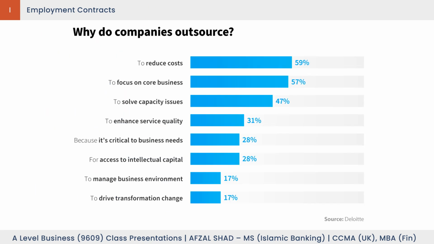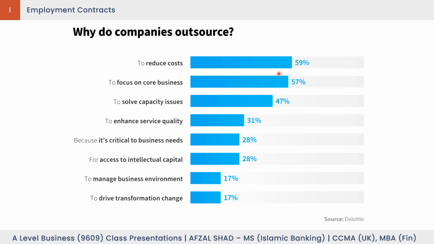Next is, why do companies outsource? We're going to get into outsourcing in detail. This was basically research done with managers, and most of the managers believe that we are outsourcing in order to reduce the cost or to focus on the core business. It's not part of your syllabus, but just to give you an idea why companies outsource their operations.